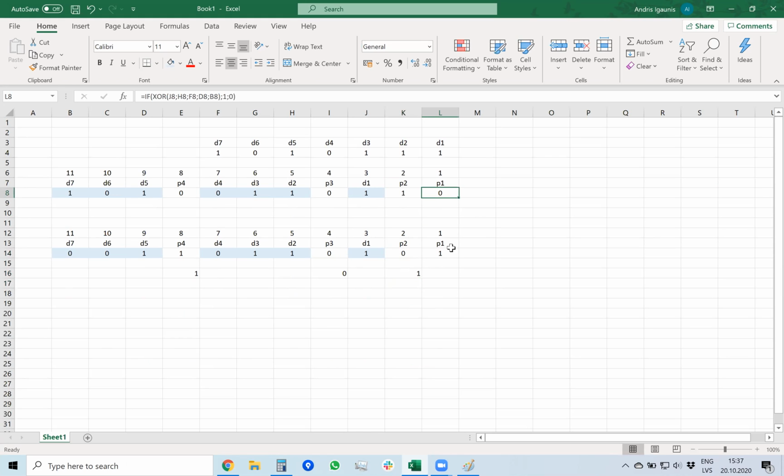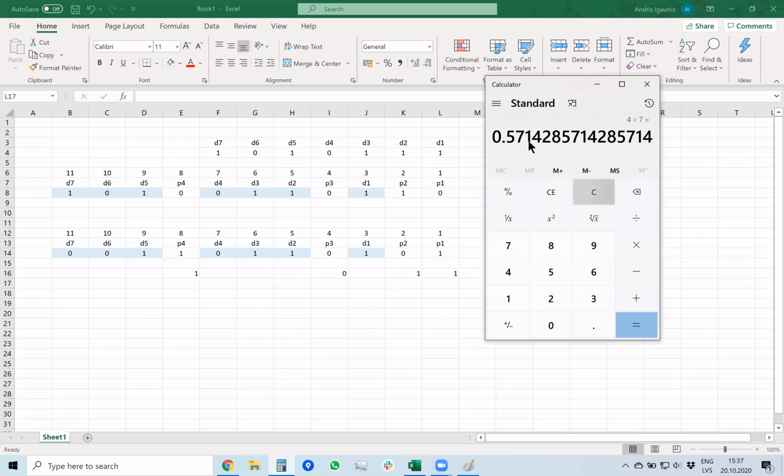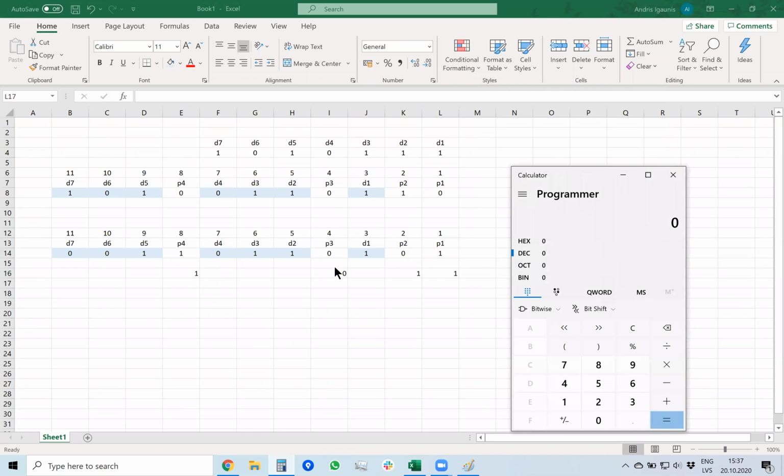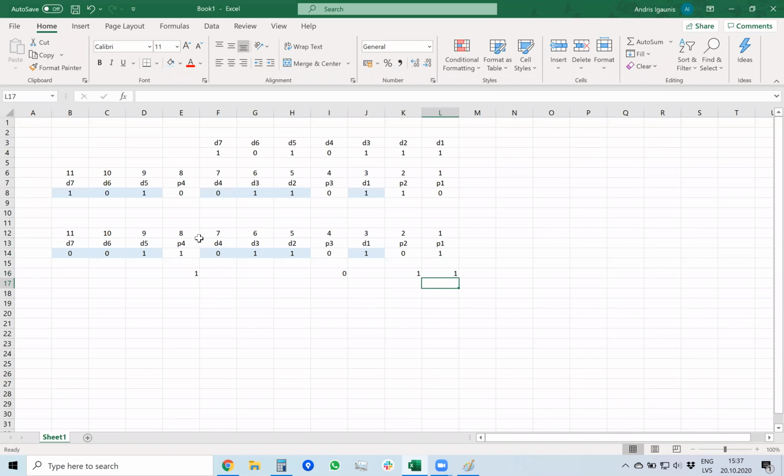And here 0 and 1, there's also a difference. And if you take a calculator in programmer's mode and you write 1011 in binary, you see that the result is 11. So the differences between parity bits tell you that the mistake is in location number 11.